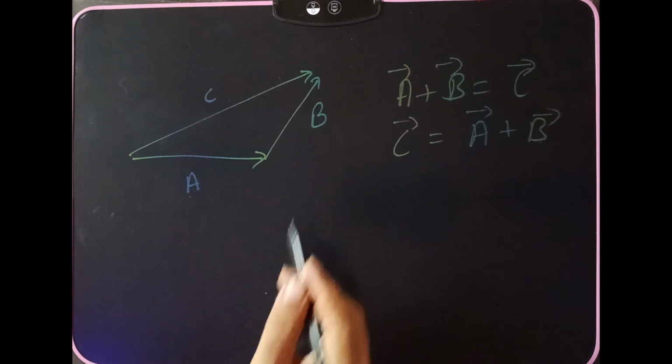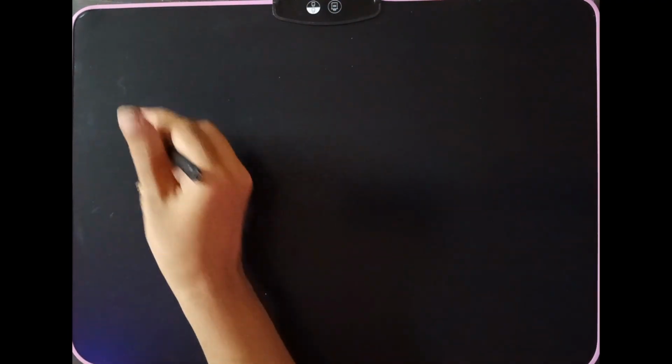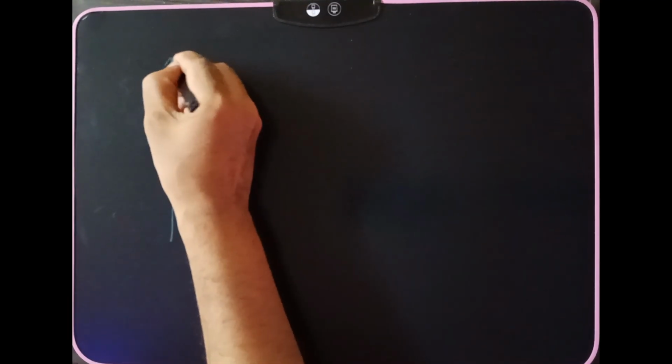Now if we take this vector system in a coordinate system, let's see how to resolve it into the components along x and y axis. This is for two-dimensional. So we have the coordinate system.